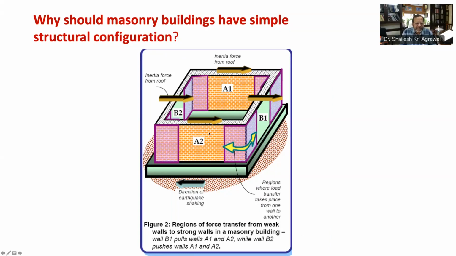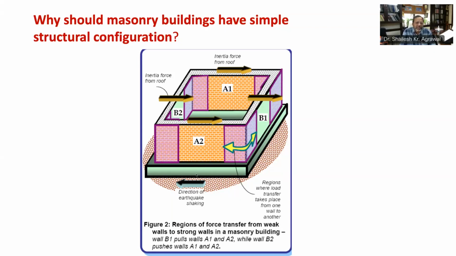At the next instance, the direction of shaking could change to the horizontal direction perpendicular to that shown in this figure. That means walls A and B will interchange their roles, meaning B1 and B2 will become strong ones and A1 and A2 will become weak ones.